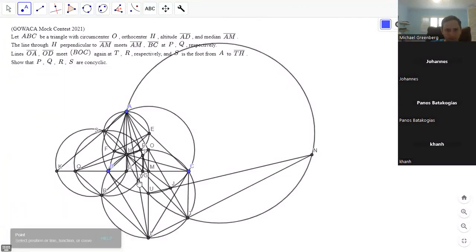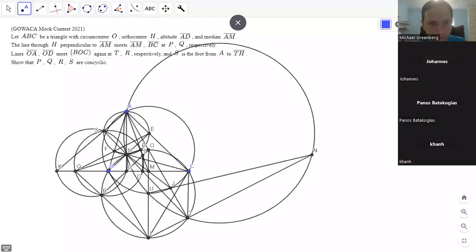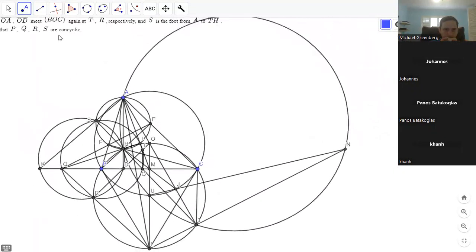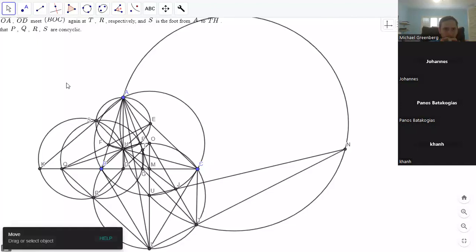Is it true that we just need to prove, like we can delete point S and just prove that IGRQ is cyclic? We've actually already proven that PQRI is cyclic. Oh, but you're saying G. Yeah, did you guys prove that QRGI is cyclic?